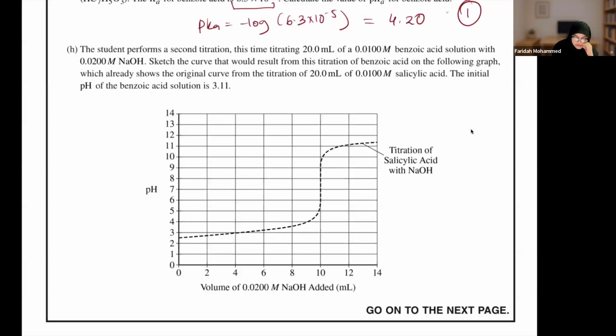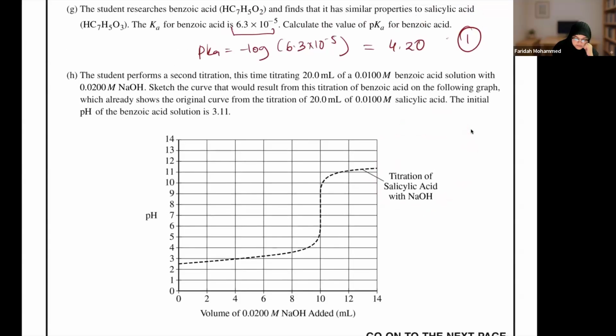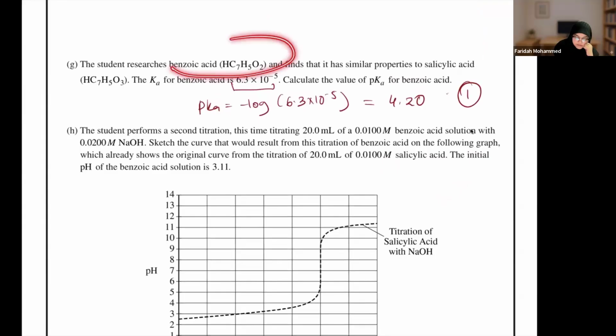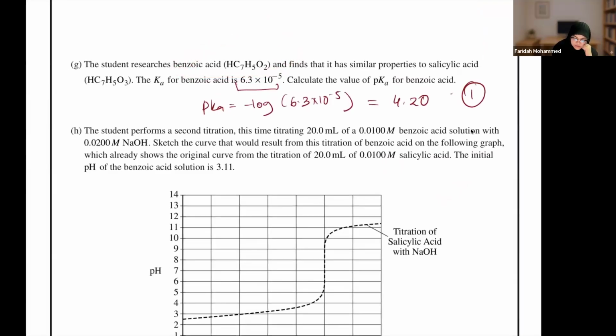Okay. Now we have the graph for salicylic acid. And they research a new acid, benzoic acid. Sketch the curve that would result from the titration of benzoic acid, and the pH starts from 3.11. Now for this, you're going to have 2 points. The first point is the starting point and your pKa point.